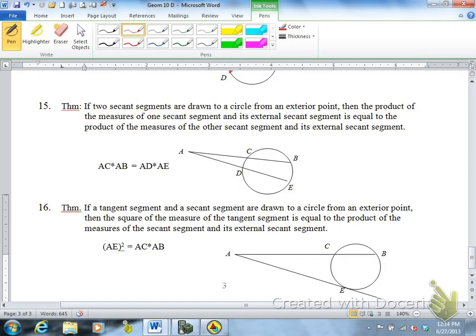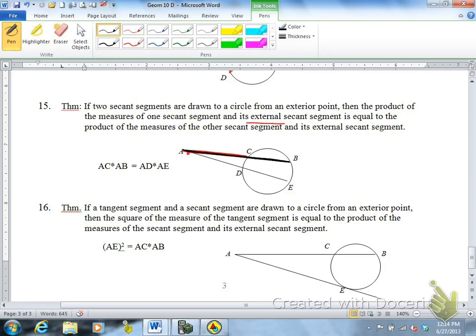It's pretty lengthy. It says if 2 secant segments are drawn to a circle from an exterior point, the exterior point is A, these are both secants crossing the circle twice, then the product of the measures of one secant segment and its external secant segment is equal to the product of the measures of the other secant segment and its external secant segment. What's all that about? Notice we have AC, this external part of the segment, times the whole segment.